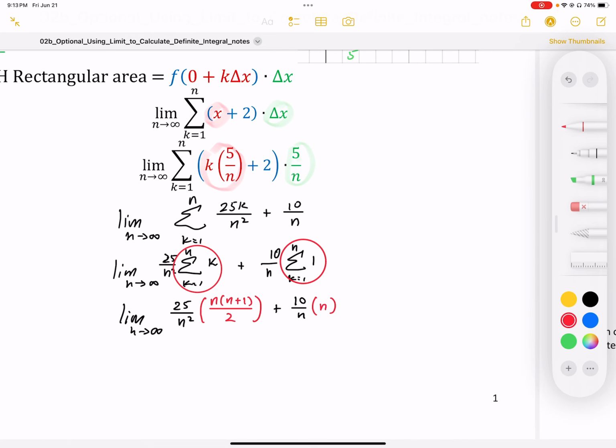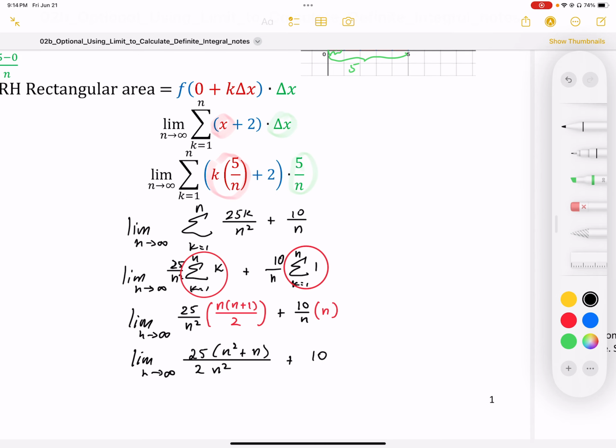And then we're going to simplify this expression and apply a limit to it. So I'm still going to apply, I still have n going to infinity. I'm going to end up with 25 times n squared plus n over 2n squared, plus 10.